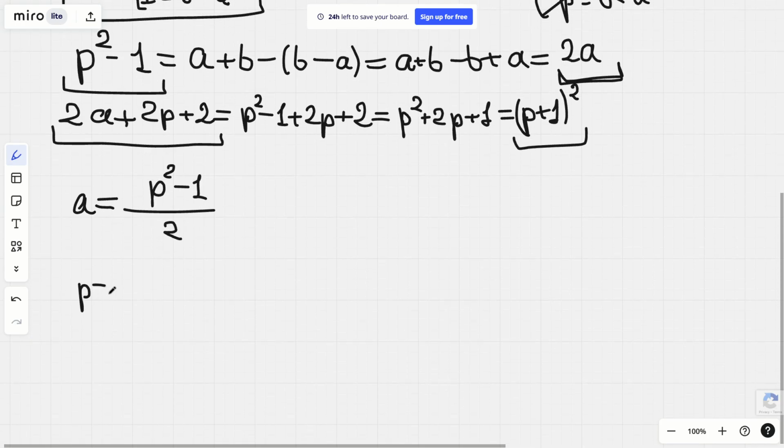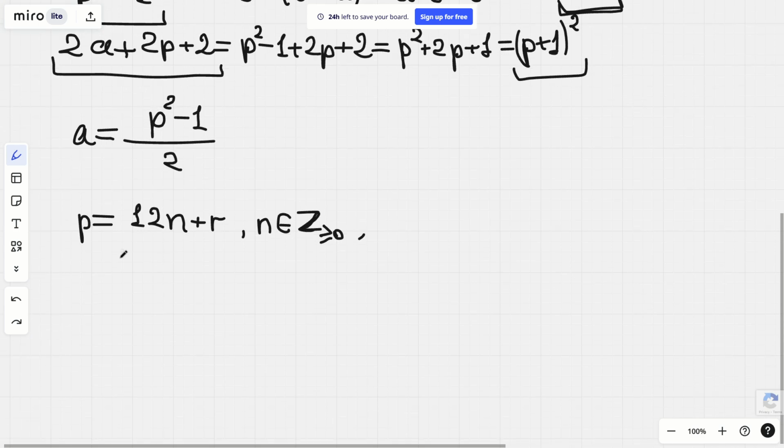Every prime number greater than 3 can be written as 12n plus r, where n is an integer equal to or more than 0, and r is an integer from 0 to 11.